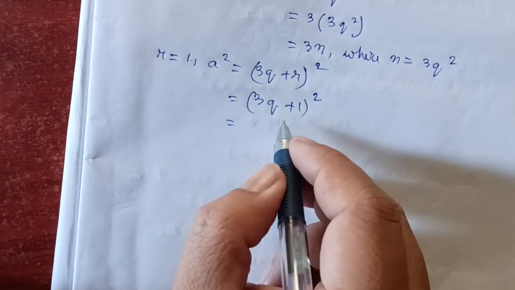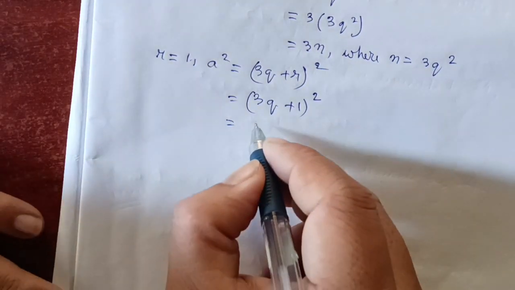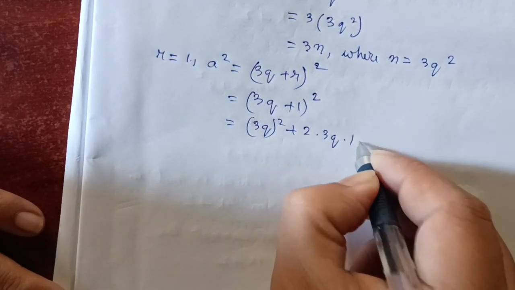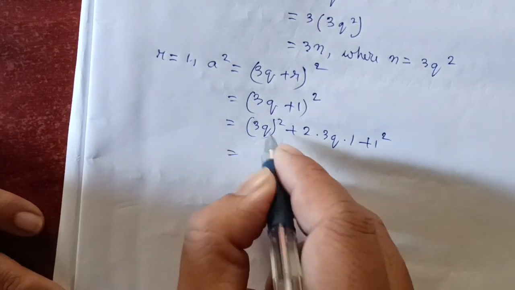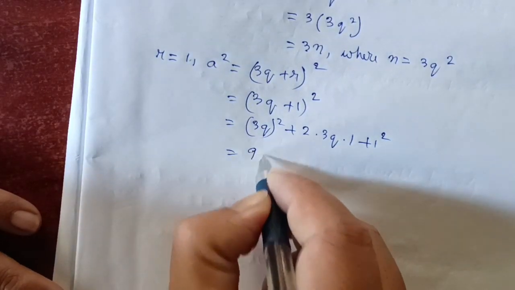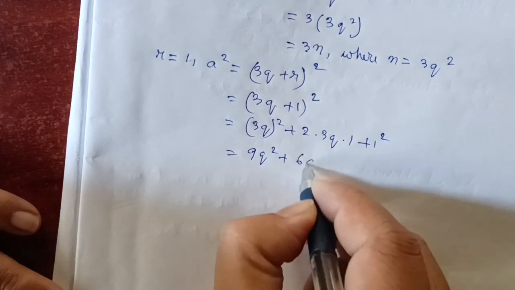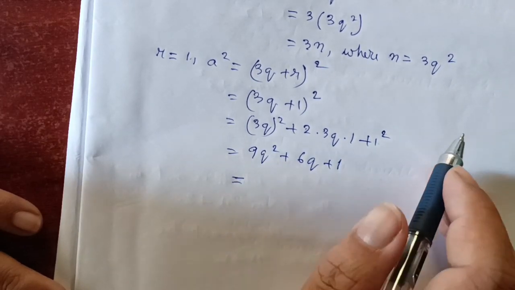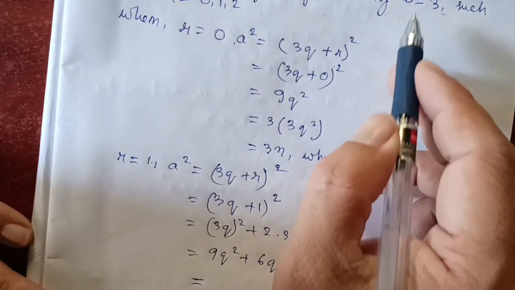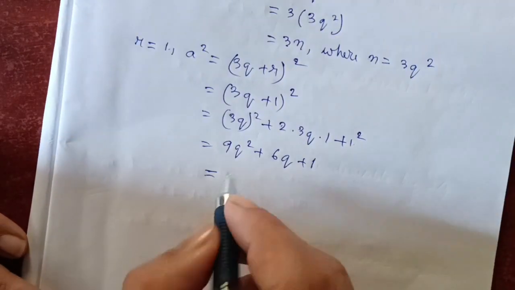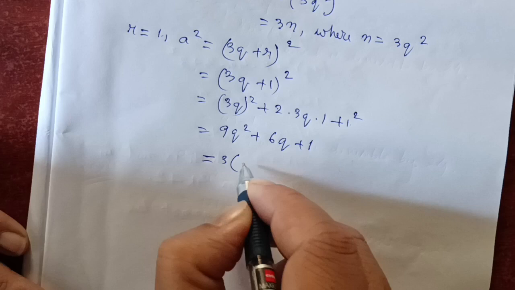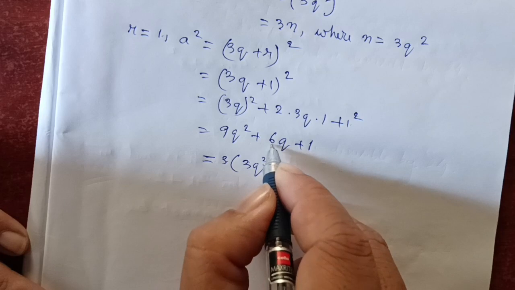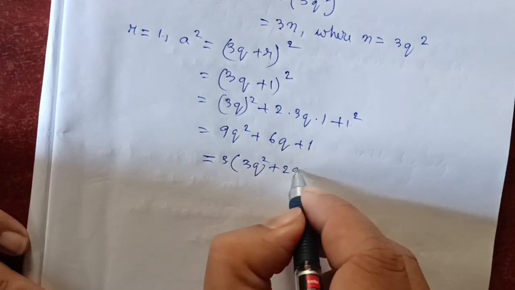Now you know the a plus b whole square formula we have done many times already: a square plus twice ab plus b square. 3 square is 9, 3 twos are 6, 1 square is 1. Our b value is 3, don't forget, so take 3 common. 3 threes are 9, so 9q square. Next is 6, so 3 twos are 6.